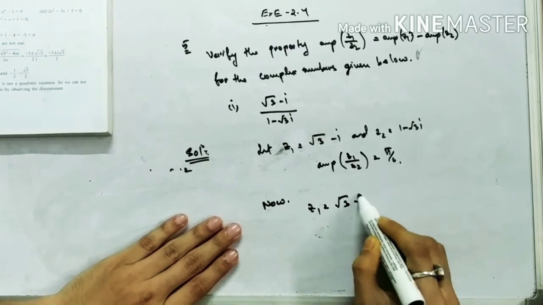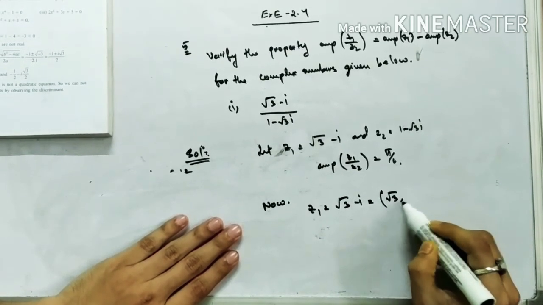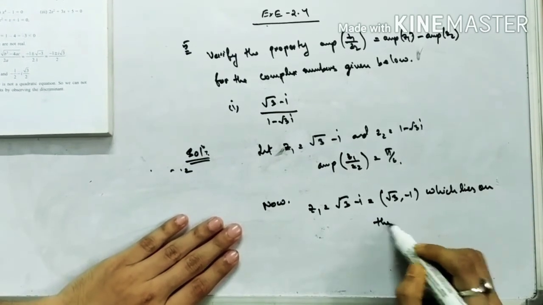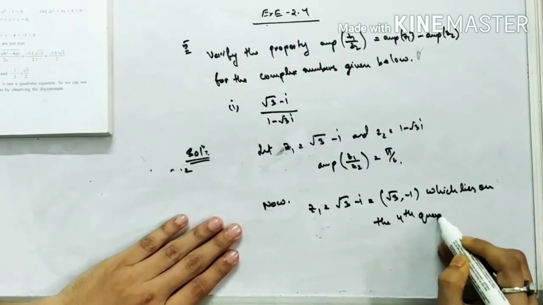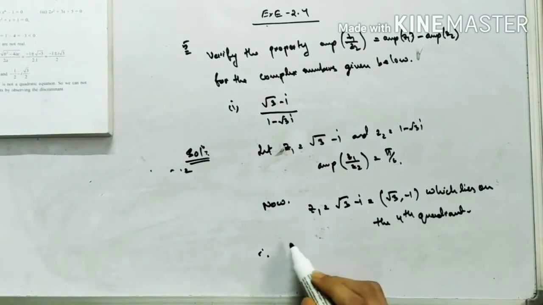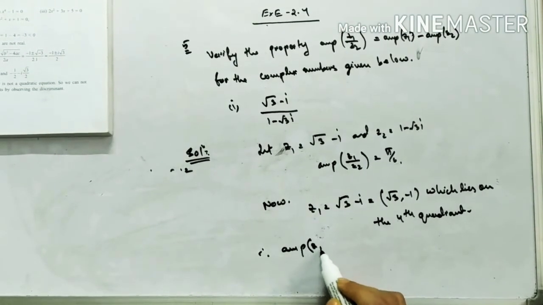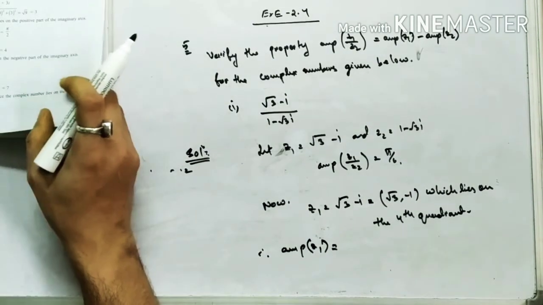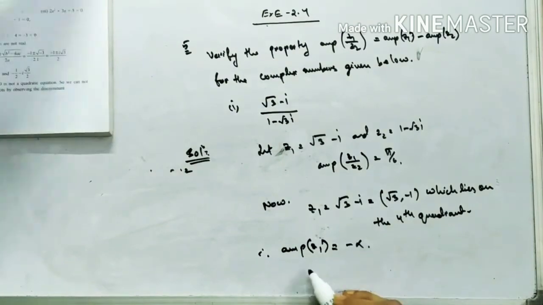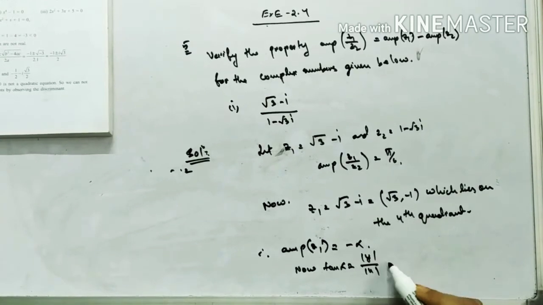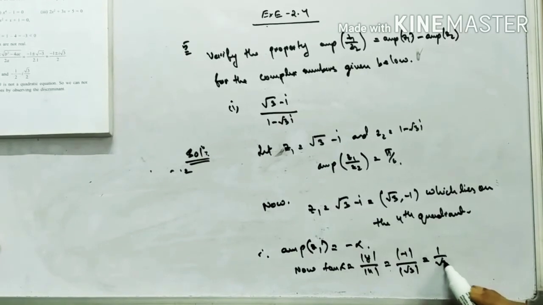Z1 is equal to root 3 minus i, which you can write as (root 3, minus 1). This point lies in the fourth quadrant. So therefore, in the fourth quadrant, amplitude of Z1 will be minus alpha. Now tan alpha is equal to modulus y by modulus x, which is 1 by root 3.